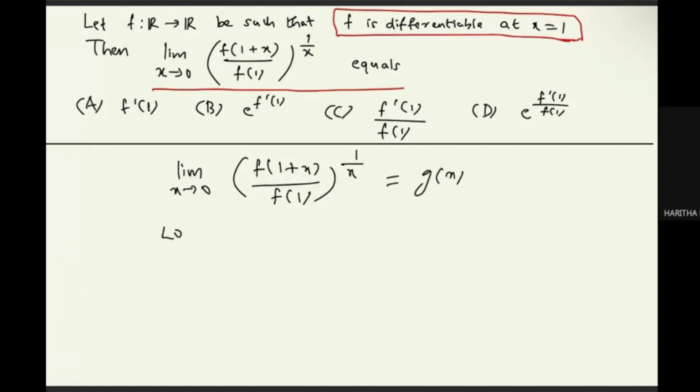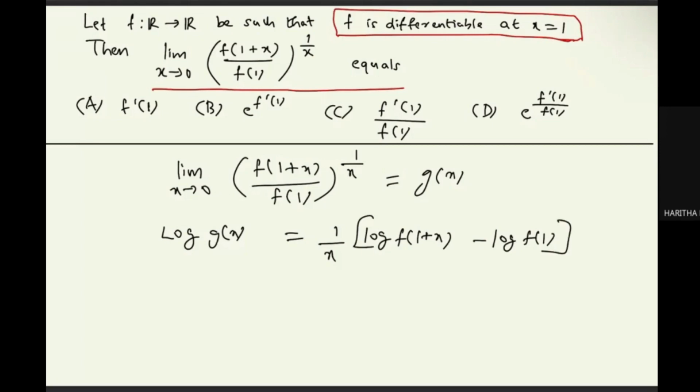So what you do is you look at log g of x, which is 1 by x log of this thing, which I can directly write using the property of log, right? When I apply log. Yes, sir.